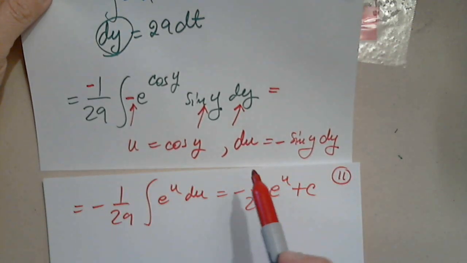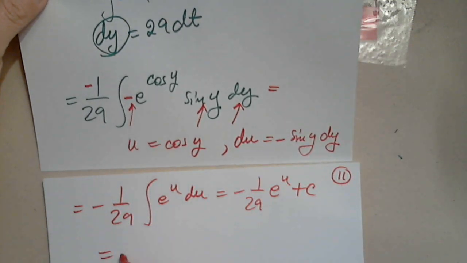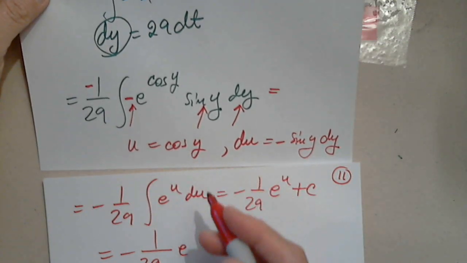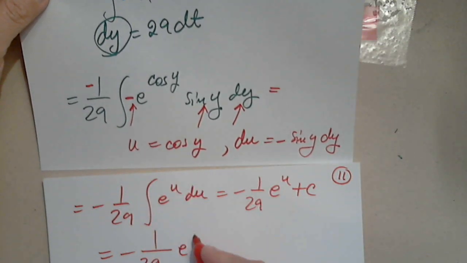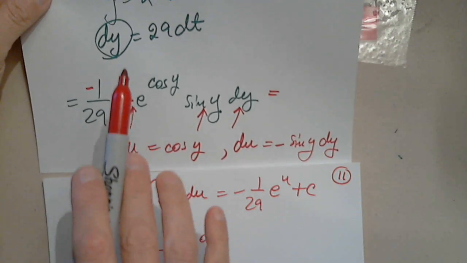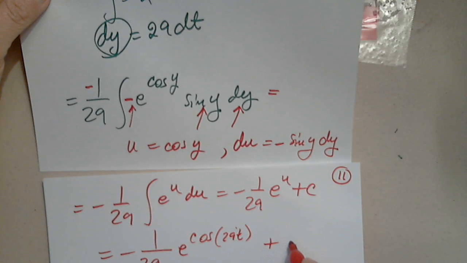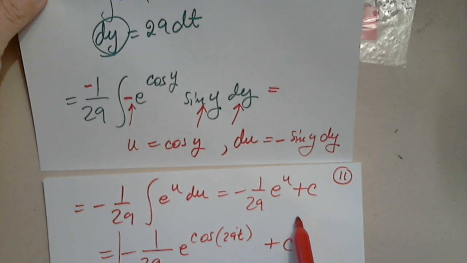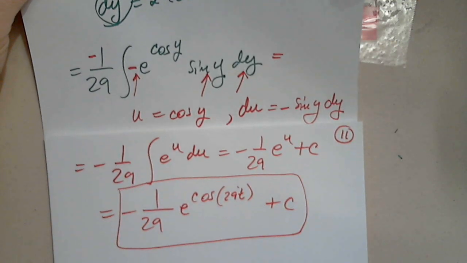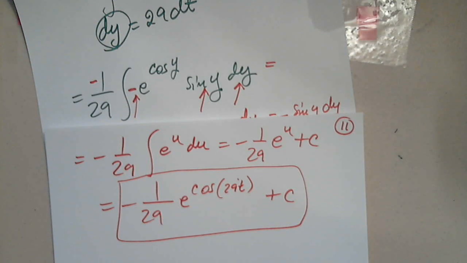However, I have to go back to u. So -1 over 29 e to the cosine y. But y was 29t, so it's -1 over 29 e to the cosine of 29t, plus a constant c. So I applied the substitution rule twice.